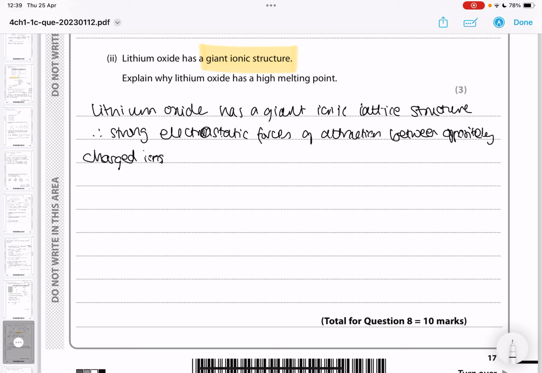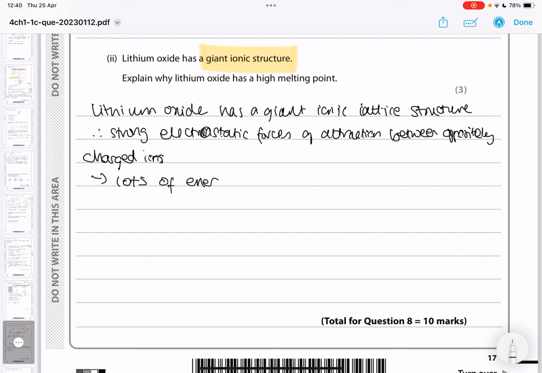Ionic bonds are the strong electrostatic forces of attraction between oppositely charged ions. So if lithium oxide has a giant ionic structure, it means that there are lots of strong electrostatic forces of attraction between the oppositely charged ions, and therefore you need lots of energy to overcome these forces of attraction or break the ionic bonds. Ionic bonds are very, very strong, so you need lots of energy to overcome these electrostatic forces of attraction, which is why lithium oxide has a high melting point.